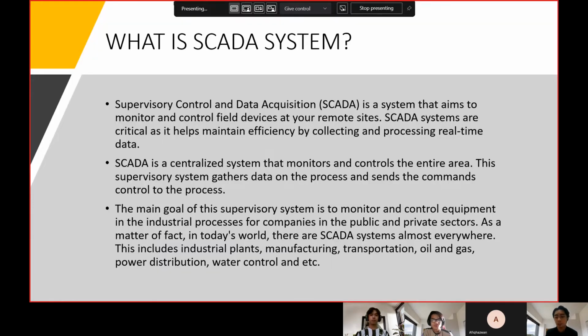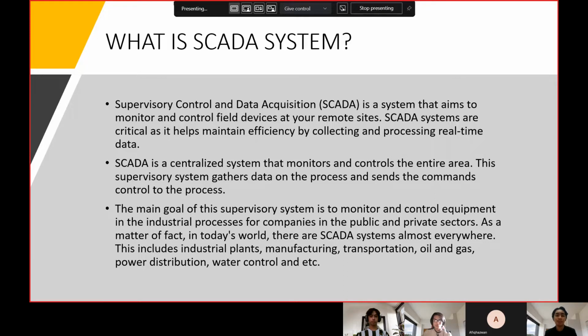Before presenting about our HMI, I want to talk about what actually is a SCADA system. SCADA is short for supervisory control and data acquisition, a system that aims to monitor and control field devices at your remote sites.